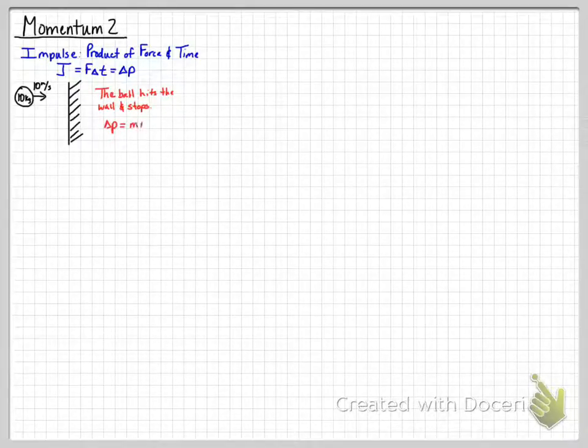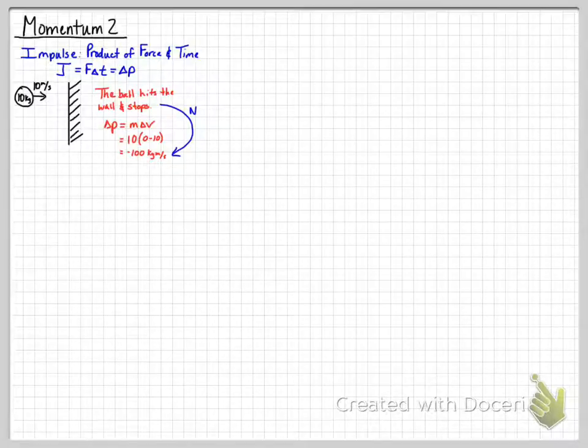So when we solve this, the change in momentum will be equal to mass times the change in velocity. So we have a 10 kilogram object, and it has a final velocity of 0, an initial velocity of 10, so 0 minus 10 because the change in velocity is final minus initial. So that will come out to a negative 100 kilogram meters per second.